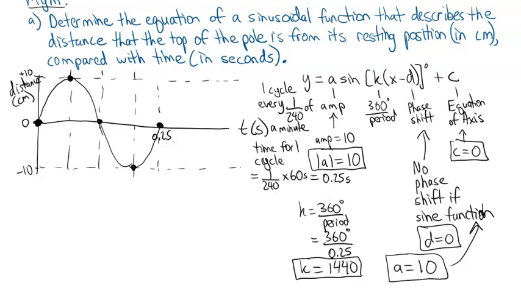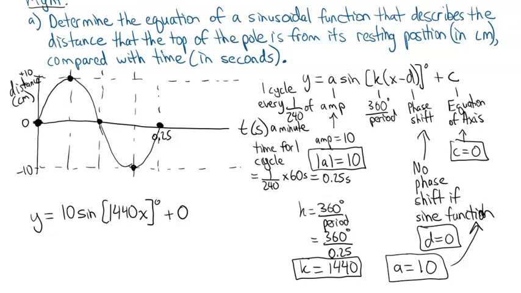So we can put all this together. So the equation we get is y equals, the a value is 10, times the sine of k, which is 1440 times x minus 0. So we don't need to put anything in brackets. You just write an x there. And then we're going to add 0 to that. We don't really need to write the plus 0.